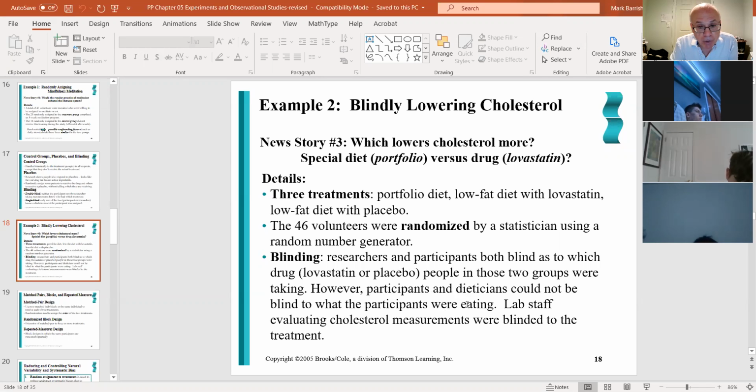Whether they were eating the special diet or a low-fat diet, it's pretty clear which diet they were eating. The lab staff evaluating the cholesterol measurements were blinded to which treatment the person was receiving. So in this case, the lab staff were completely blinded to which treatment people were getting.